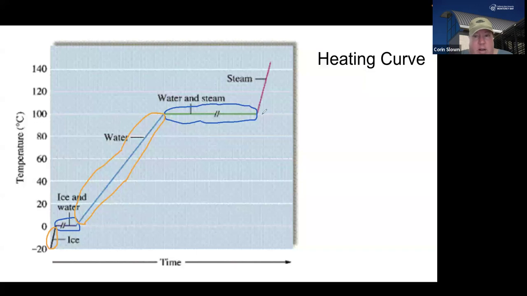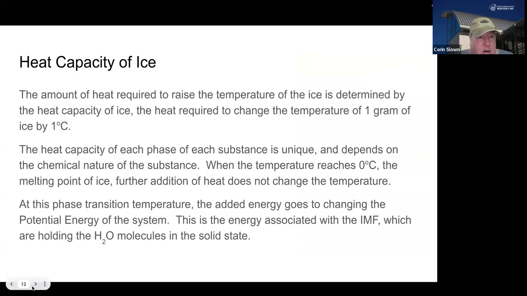And then from 100 all the way up to, say, for example, 140 is steam. Now, it's really important, I think, to note specifically for these heating curves that the amount of hydrogen bonding, how easily those bonds form and break, changes based on the temperature. So the next piece then that we're going to think about is, how do you use heating curves?